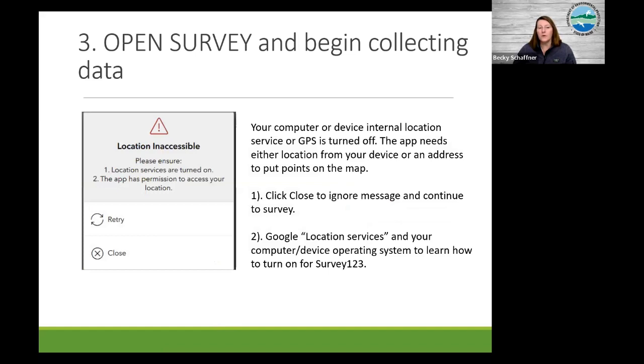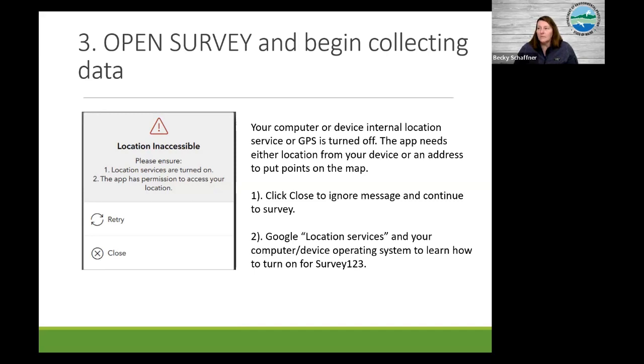Okay. So some of you may have run into this already. If you open the survey and try to start collecting data and you see a location inaccessible warning, that's fine. You can actually still continue on. You can hit close and continue on. What that means is that the GPS or the internal location system on your computer or your phone is turned off, and people do that for privacy.